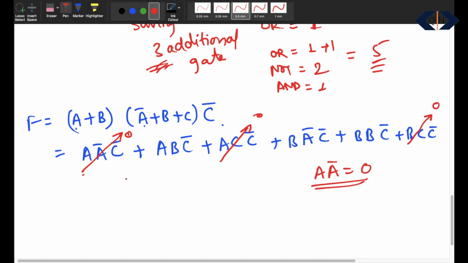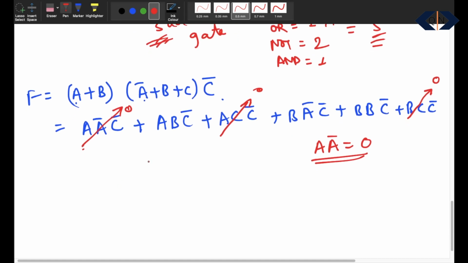So in the more simplified equation, we can say A, B, C bar plus A bar, B, C bar. I am writing in proper order because we know that Boolean expressions follow the commutative property, so we don't have any issue with that.